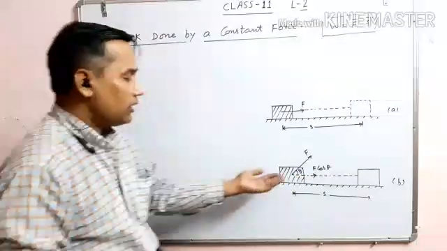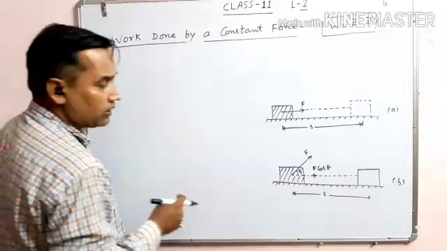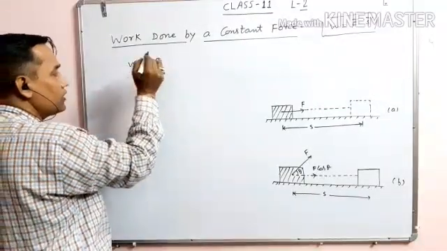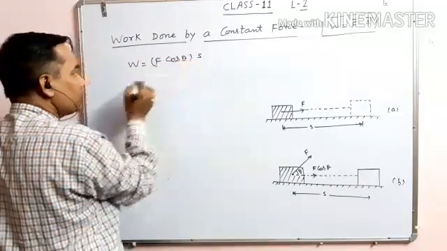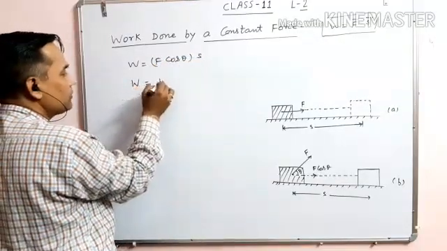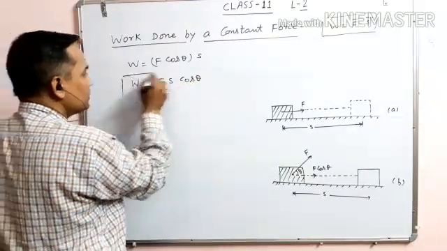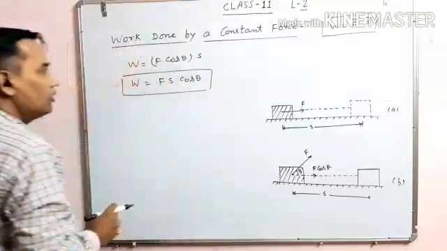In this situation it generates a component F cos theta in the direction of the body's displacement. So work done is F cos theta into S, that is Fs cos theta. This is the general expression for case 2.